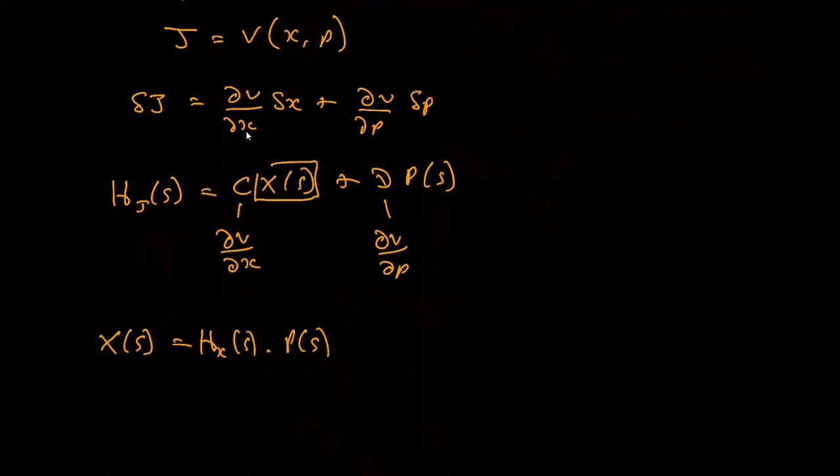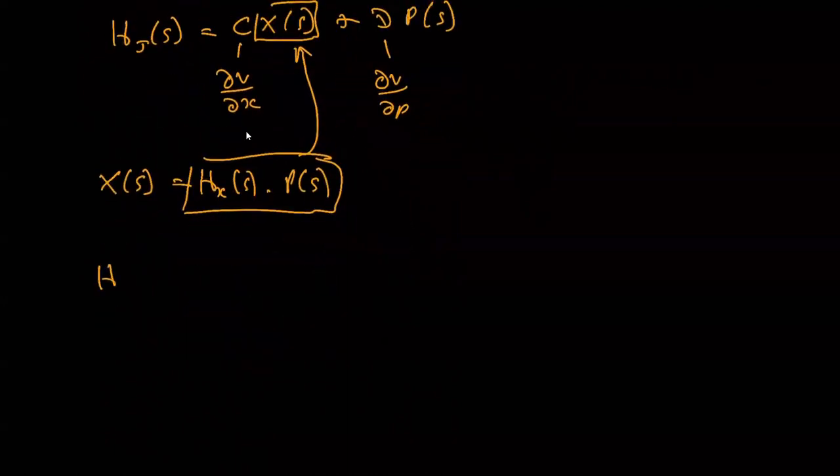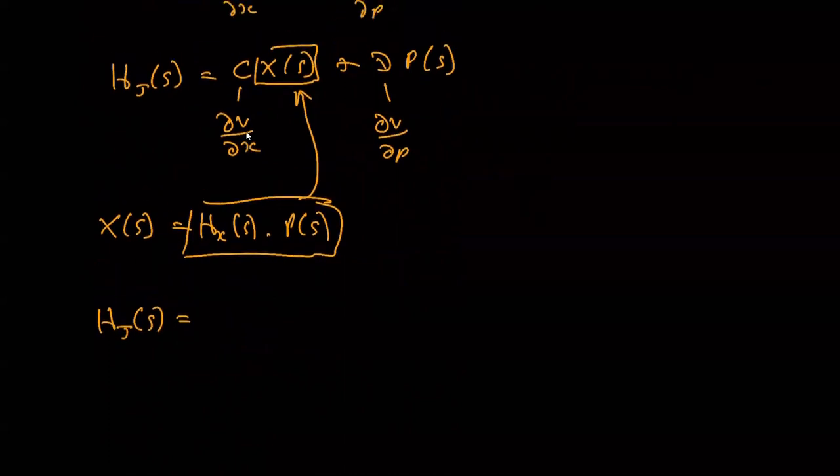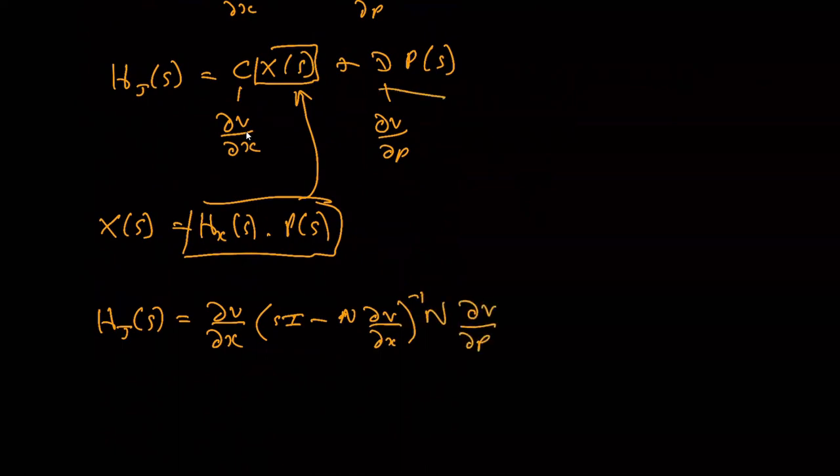I'm not specifying what kind of input it is, just that there was an input P(s). So I can insert this into there, and then I end up with Hj(s) equals, if I write it out fully, the C becomes dv/dx, the Hx(s) becomes (sI minus the Jacobian dx) to the minus 1, then we had another N, then dv/dp, and then finally this piece here plus dv/dp. So that's the transfer function of a flux.